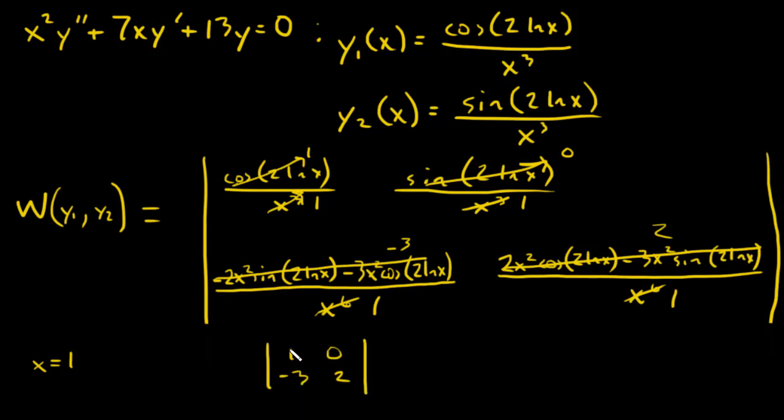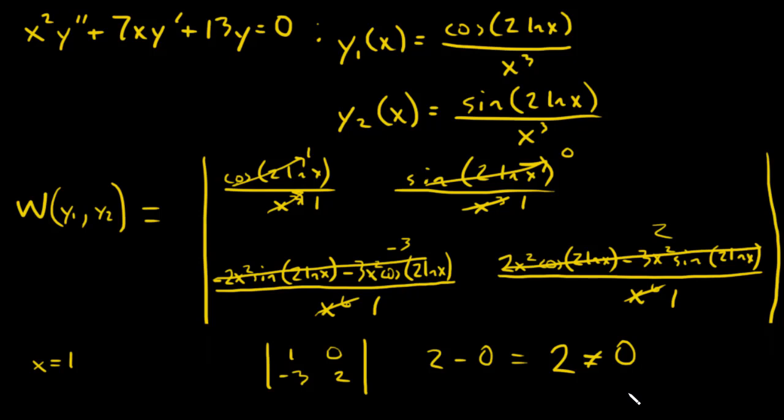Okay? 1 times 2 is 2. Minus negative 3 times 0 is 0. So 2. Is that 0? No, that is not equal to 0. So I know that they are linearly independent for x equals 1.